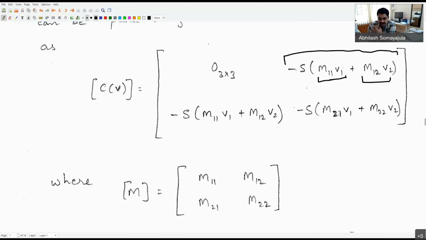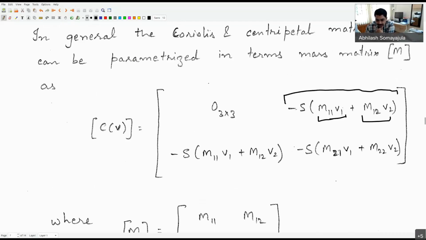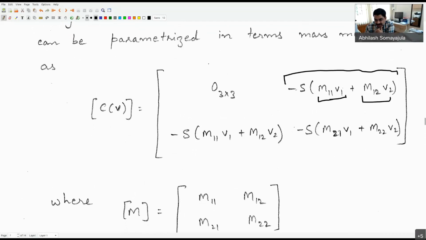So if I have a mass matrix which is given by 4 submatrices, 3 cross 3 submatrices, M11, M12, M21, M22, it is not very hard to see that if I take a skew-symmetric matrix constructed out of each of these vectors and put them all together, what I get here is actually the same Coriolis matrix which you saw in your representation 1 or representation 2.